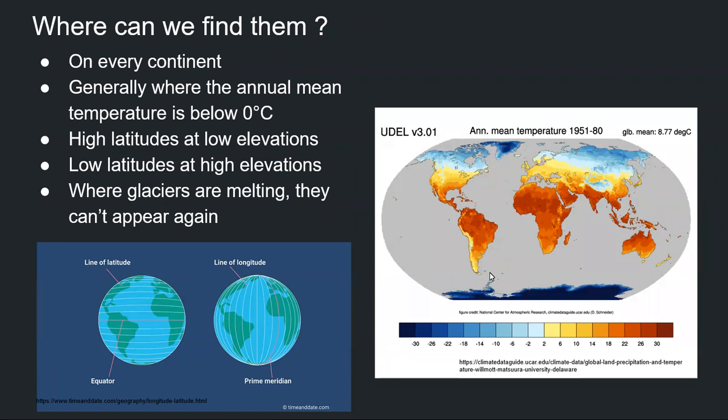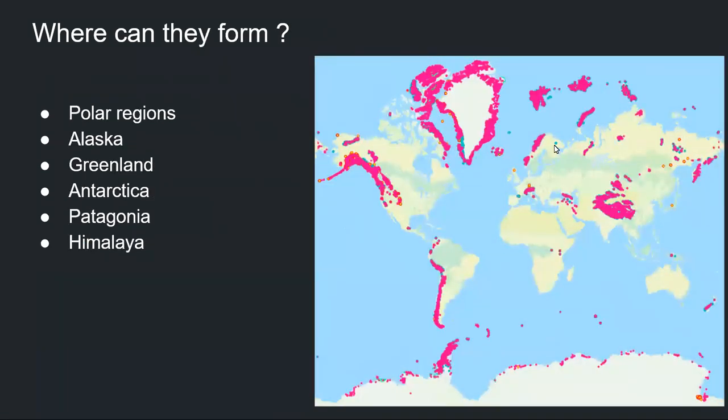In general, where glaciers are melting, they can't appear again because all the snow that falls will melt away and won't have time to accumulate and form ice. This is just a map showing all the glaciers on this planet.